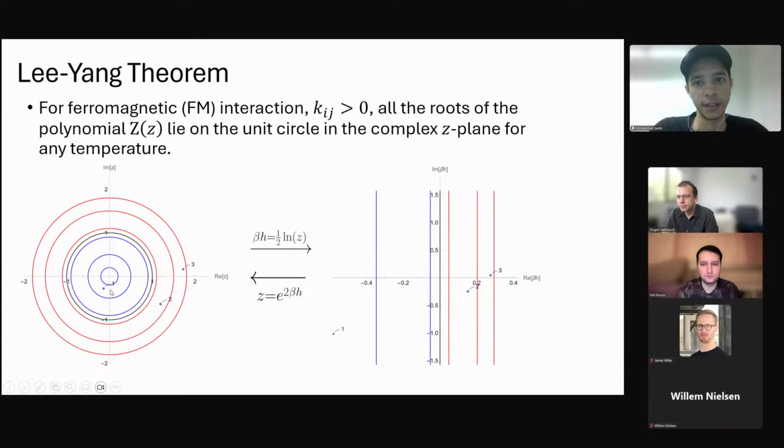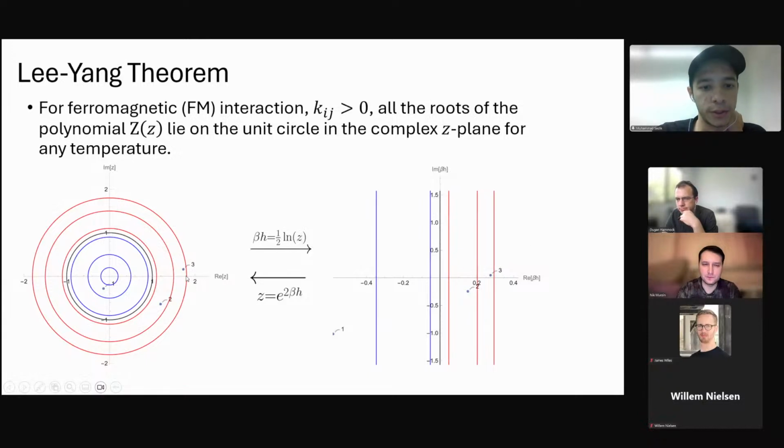Basically, they say that all the roots have to lie on this unit circle, the black one. The circles that are inside the unit disk map into negative h here, and the circles outside the unit disk map into positive h here.